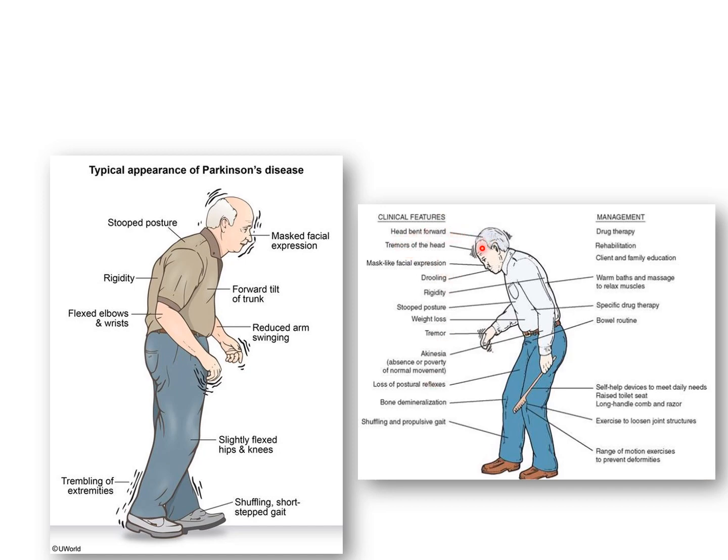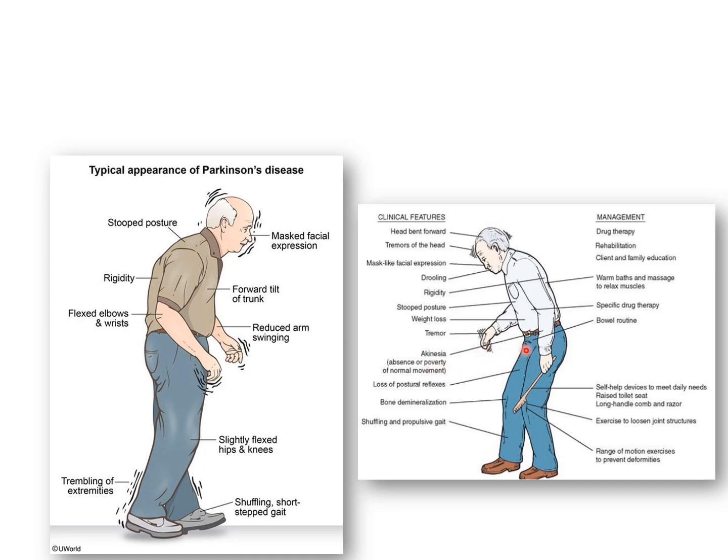So head bent forward, tremors of head, then mask-like facial expression. There is excess salivation, which means drooling. There is a rigidity of arm, forearm, then stooped posture. Then there is also weight loss, and tremor is also present.